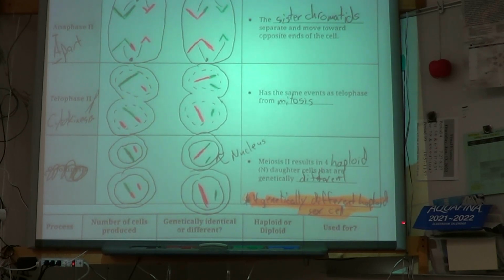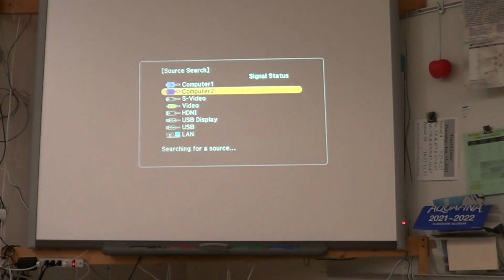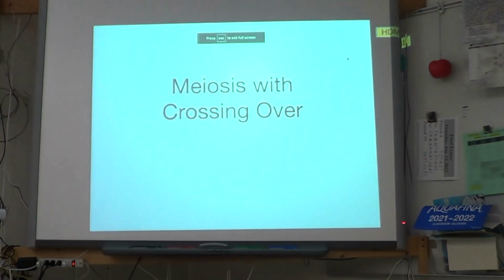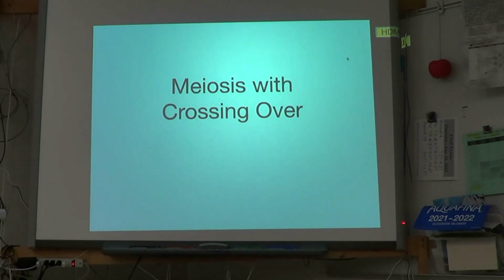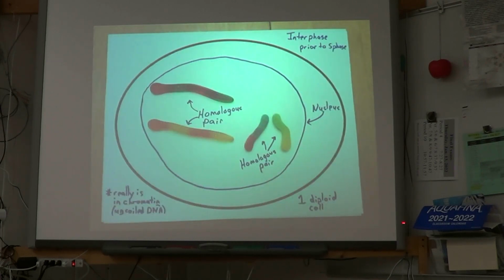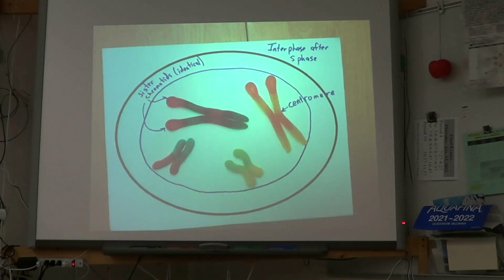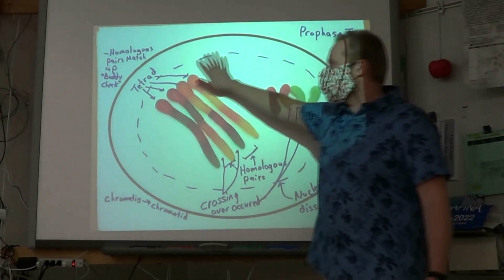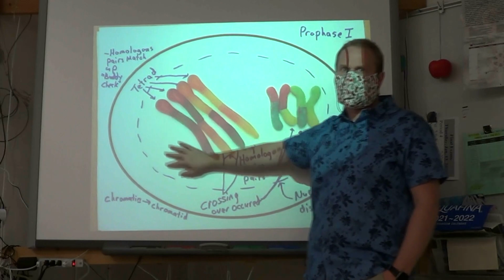Just like I did with gummy worms for mitosis, I also did it with meiosis. This is just kind of visual, it's nice to look at. Same thing, hair color, eye color, stuff like that. Everything starts the same. Again, this is really in chromatin form, our DNA hasn't replicated. Now it's replicated. Once we get to prophase 1, buddy check, we form a tetrad.